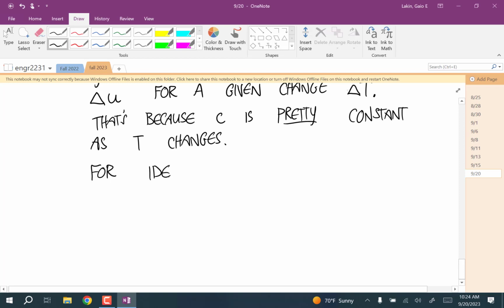For ideal gases, you also know that CV is equal to the total derivative du/dT.